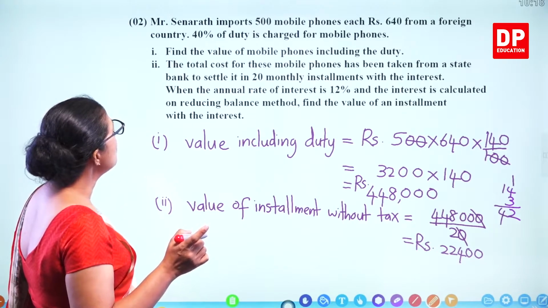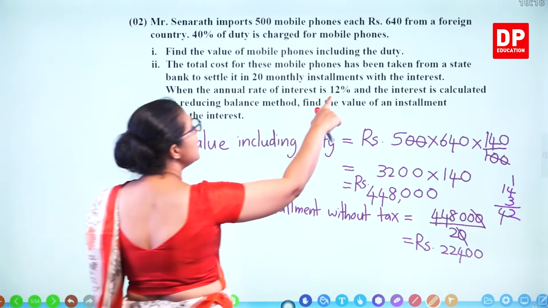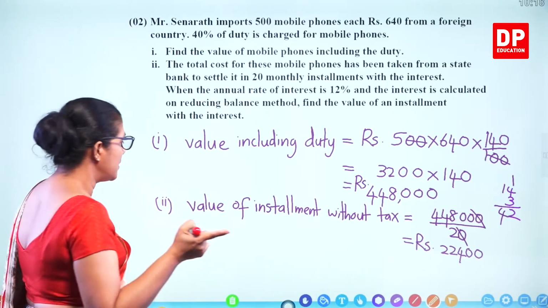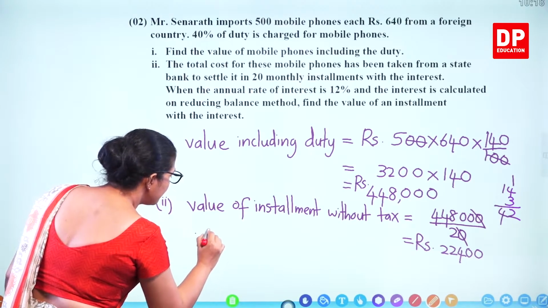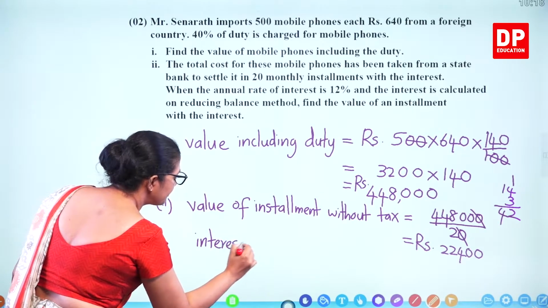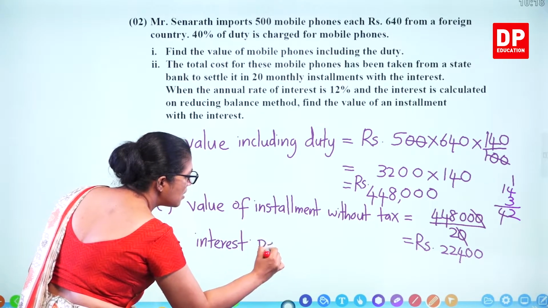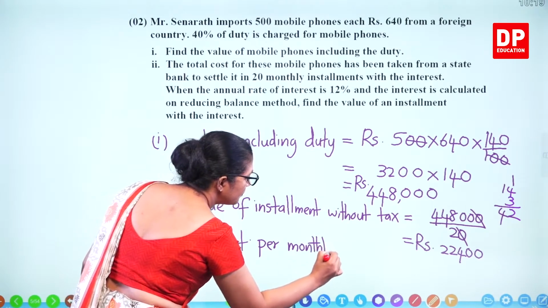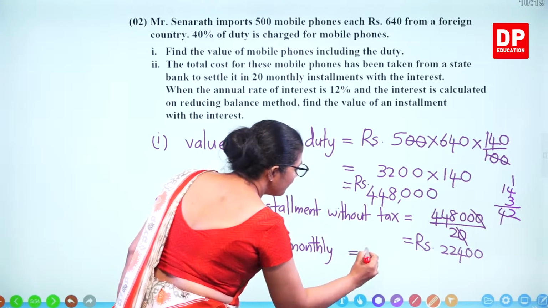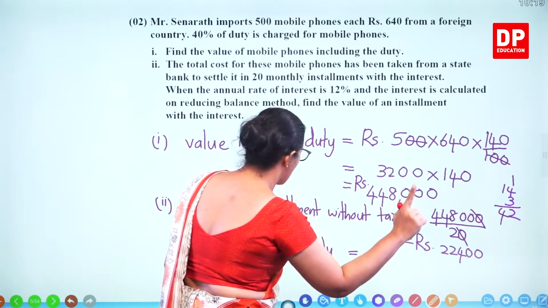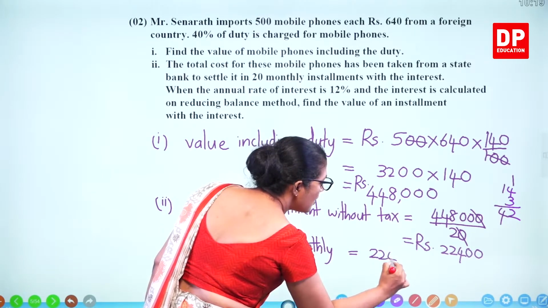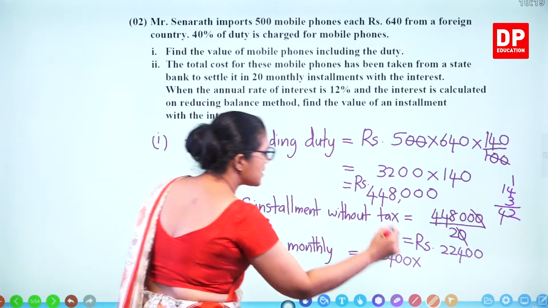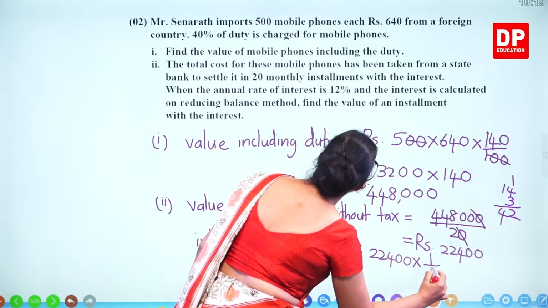Then what you have to do? You have to find out the interest per month. So this is the installment, 12%. 12% interest you have to pay.